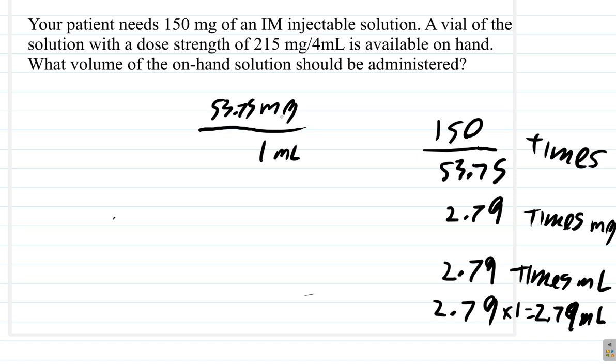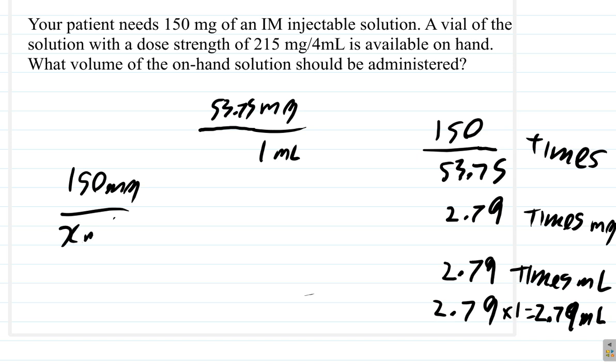So let's keep it as 1 milliliter. What we have here is 150 milligrams out of, you don't know how many milliliters yet. Forget about the 2.79 for a while.